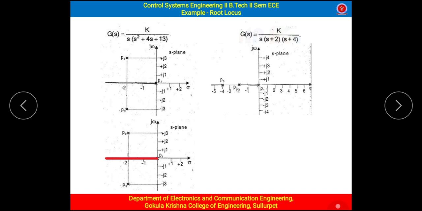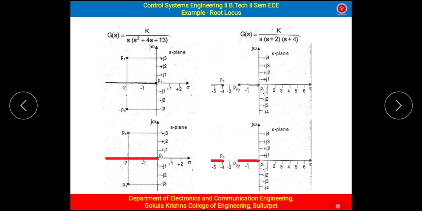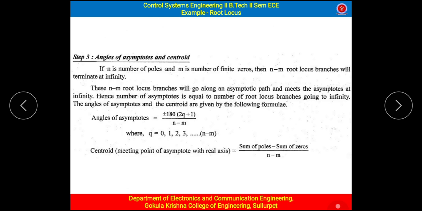So from this discussion we can easily understand that the locations highlighted in red color are the root locus branch. Next, the third step, here we are going to calculate the angle of asymptotes and centroid.